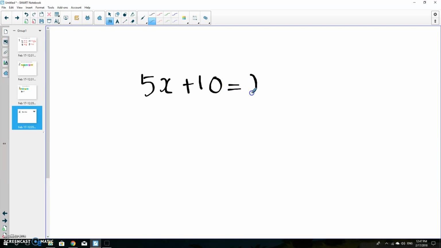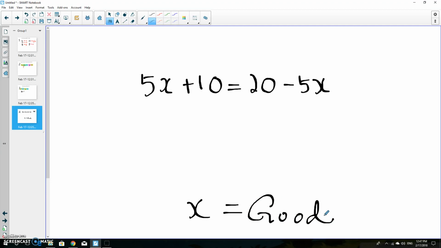Let's do a 20 over here, and a subtract 5x over there. So in an example like this, being able to move those terms, by now, if you've watched the other video, you know that we are going to get to x is equal to something, and then we are going to call it good.